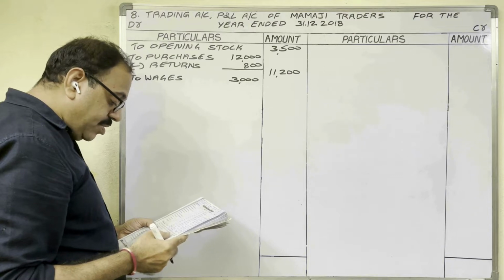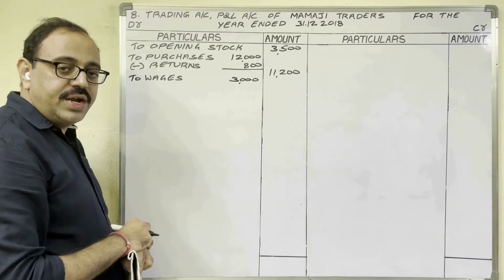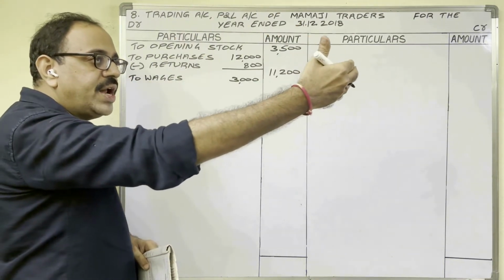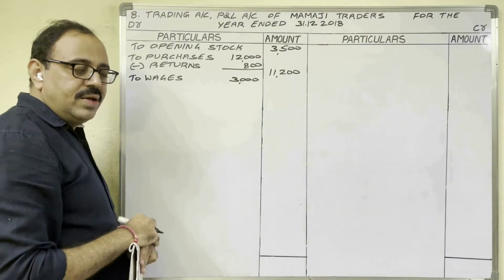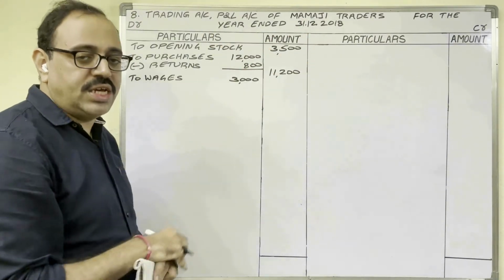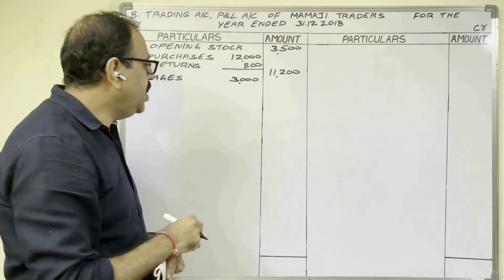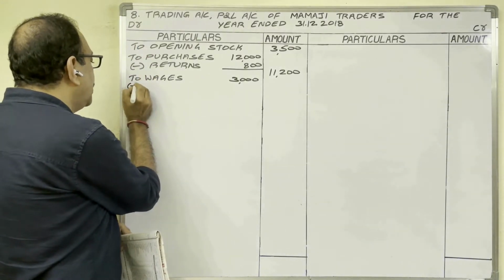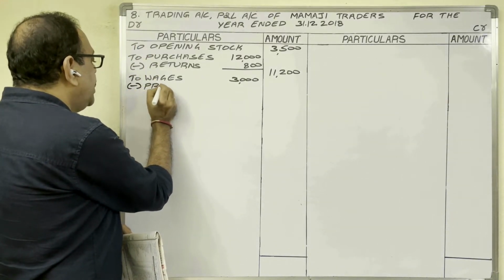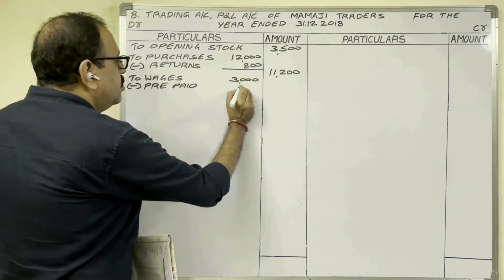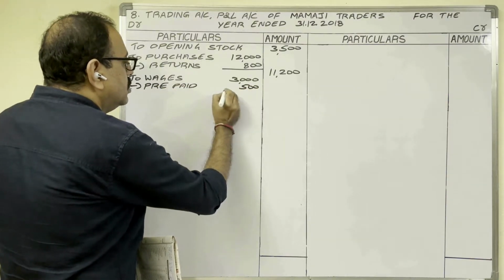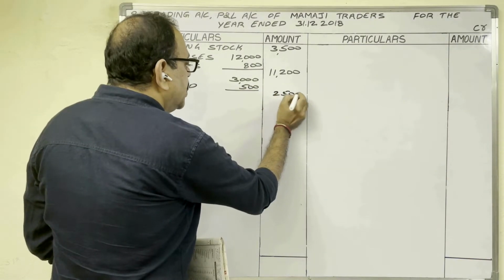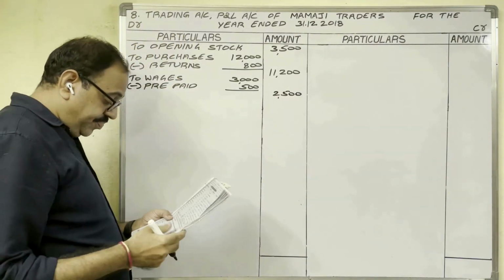Adjustment number 5, prepaid wages 500. So next year wage 500 also we paid in current year. Next year wage you have to show in next year, not in current year. Therefore, prepaid wages we have to subtract. Minus prepaid 500 rupees. Current year wage expenditure is 2,500.